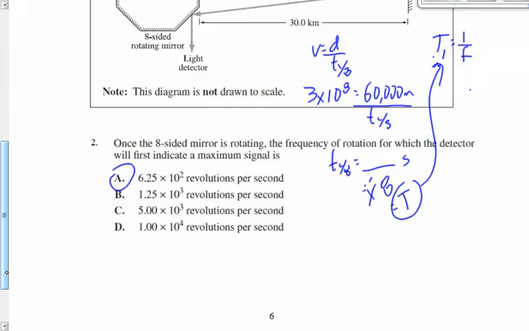What did I tell you in class the frequency almost always is? If you're dealing with Michelson-like numbers, 35, 30 kilometers, 8 sides on the mirror, we're almost always going to end up with 10 to the 2 hertz.